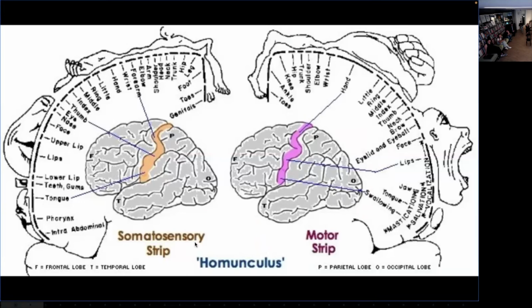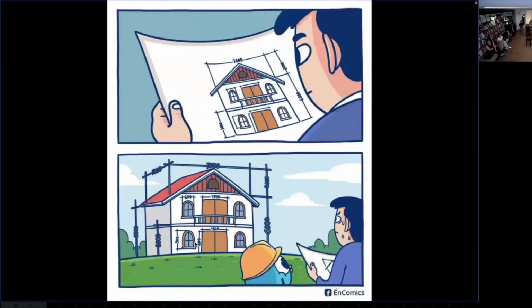An extreme simplification of it, but I like that the somatosensory strip in the right temporal lobe matches the motor strip in the left temporal lobe almost one to one. And in a way, this is where all this map to territory thing starts, right? Confusion starts, but it's very interesting.